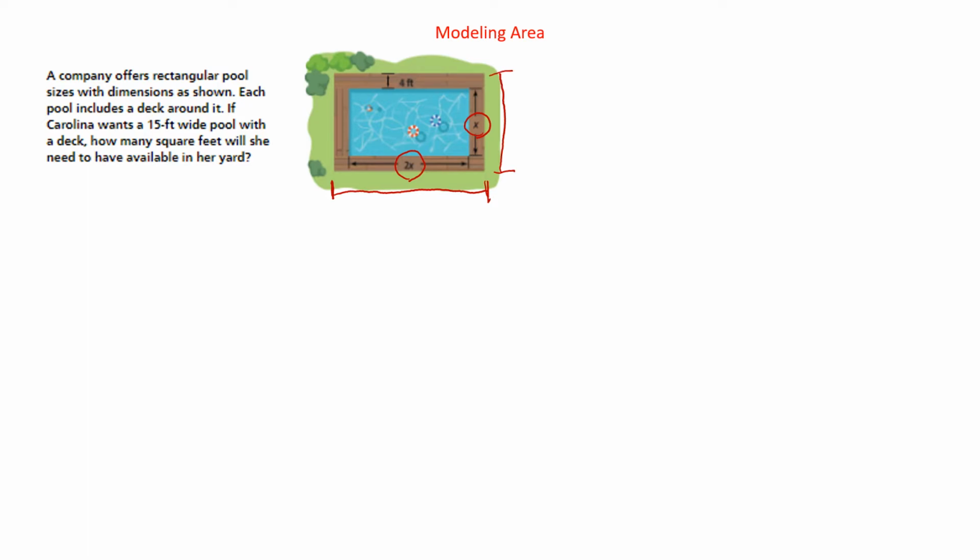So this isn't just 2x, it's 2x, and then we're going to add 4 on either side of it. So this will be 2x plus 8. And then the height, it's not actually a height because it's in the ground. I'd call it the depth, but that means something else with a pool. But this side length is going to be x, plus we have another 4 on each side, so this will be x plus 8.